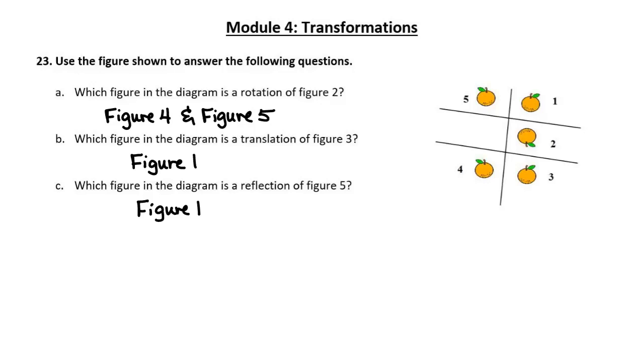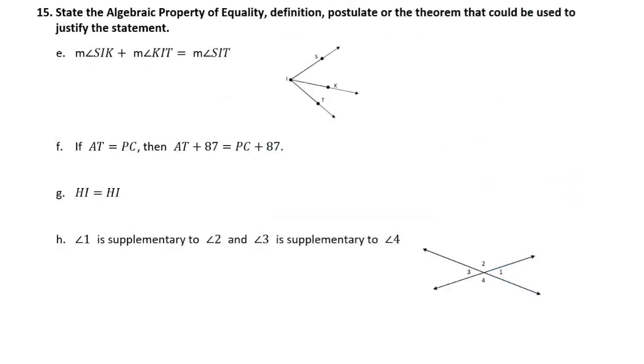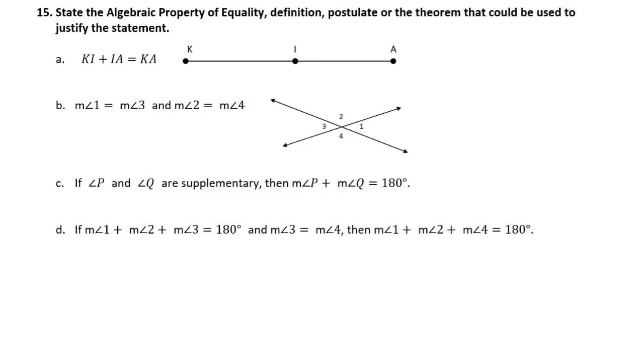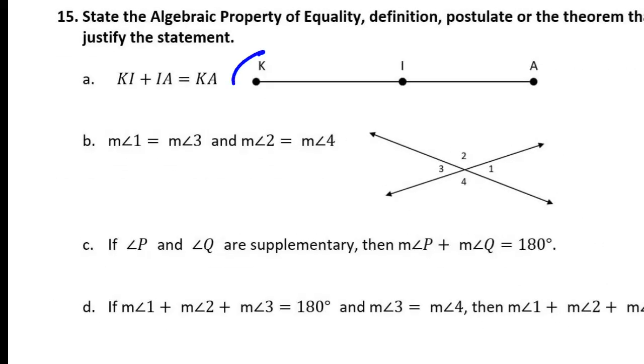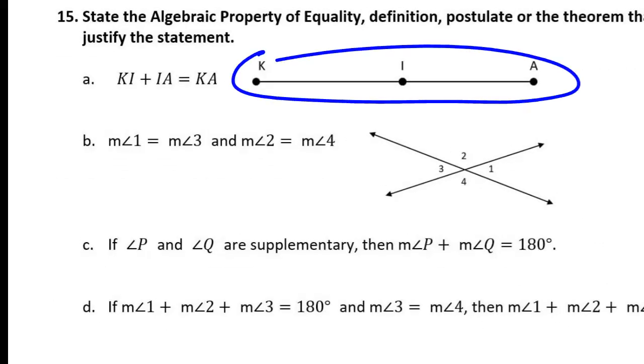All right, 15. On number 15, we want to know the algebraic property of equality, the definition, the postulate, or the theorem that could be used to justify the statement. So on part A, I have this lovely figure right here.